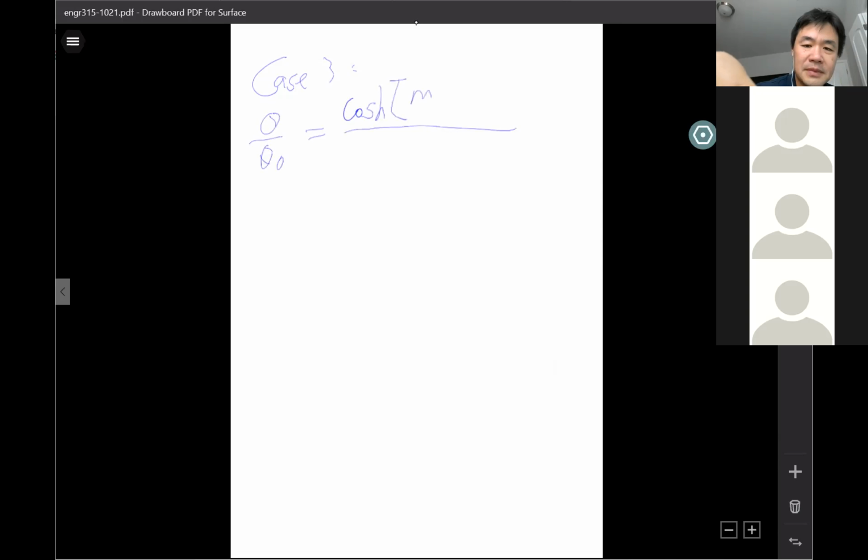Cosh m times L minus x is the numerator, and the denominator is also cosh mL. That's it, much easier to do. In practice, a lot of cases are actually case 2, but people think it's okay to apply case 3, because the heat loss through the tip to the surrounding is minimal. If it's minimal, it's just equivalent to the insulated tip.